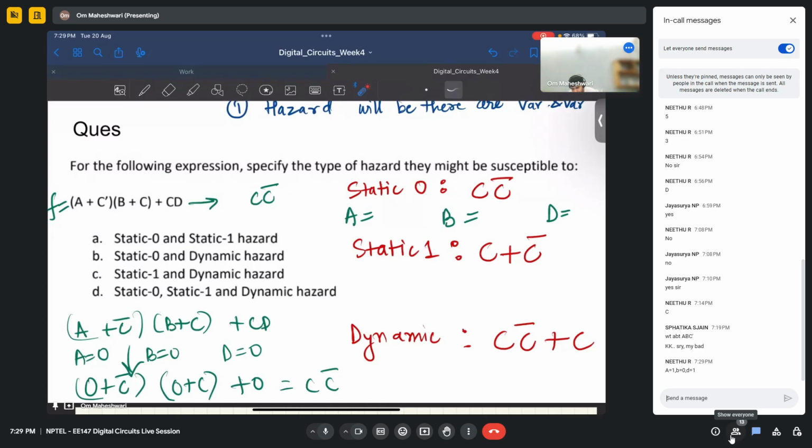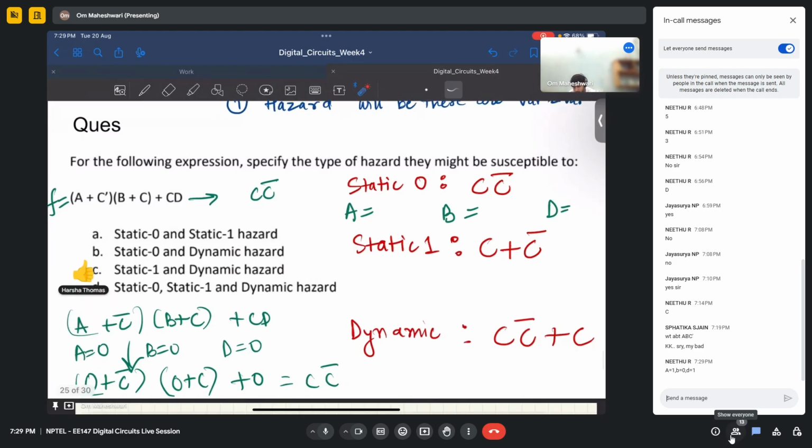Is this clear? So when A equals 0, B equals 0, D equals 0, you will have static 0 hazard.